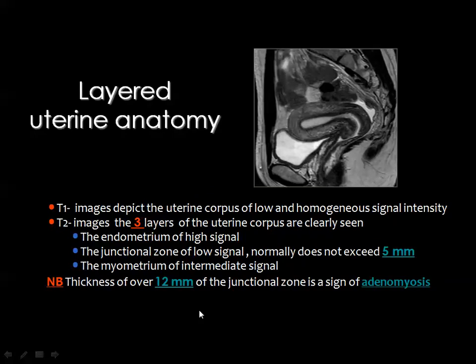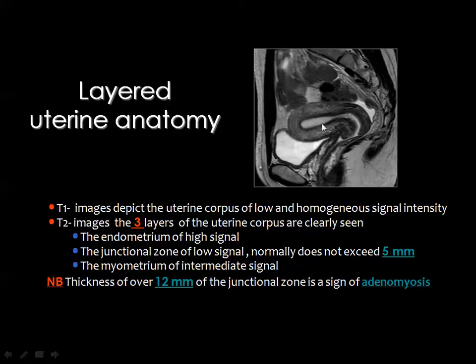But in order to appreciate the zonal anatomy, which is made of the three layers I have mentioned, there should be an MRI, and this should be in the T2 weighted image and preferred to be in the sagittal plane.